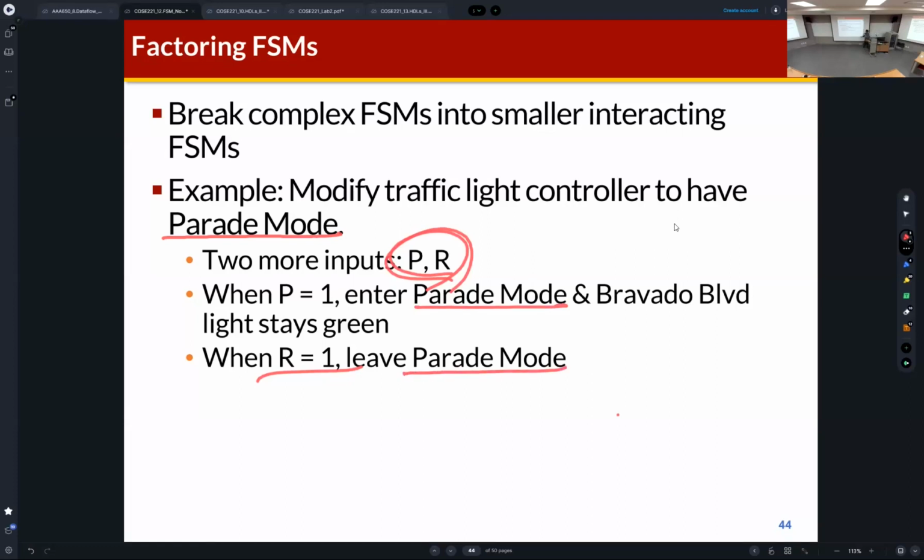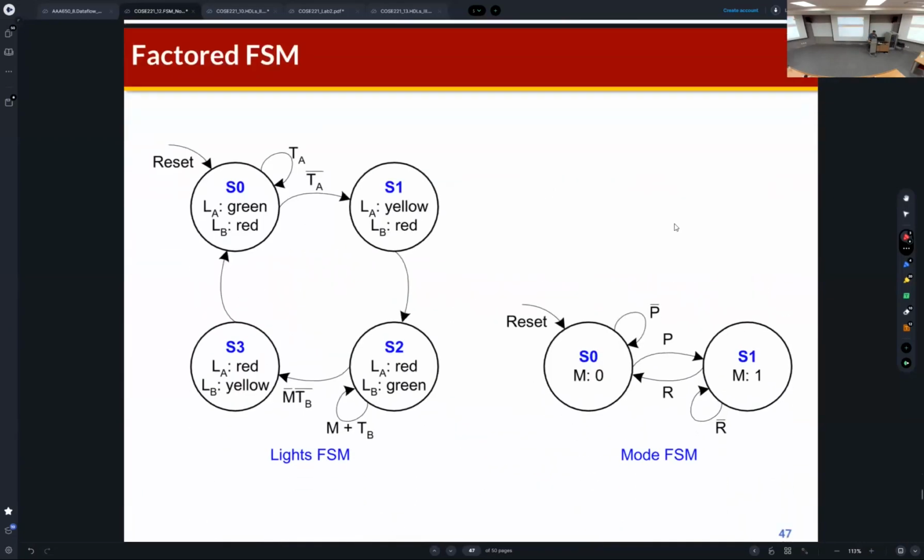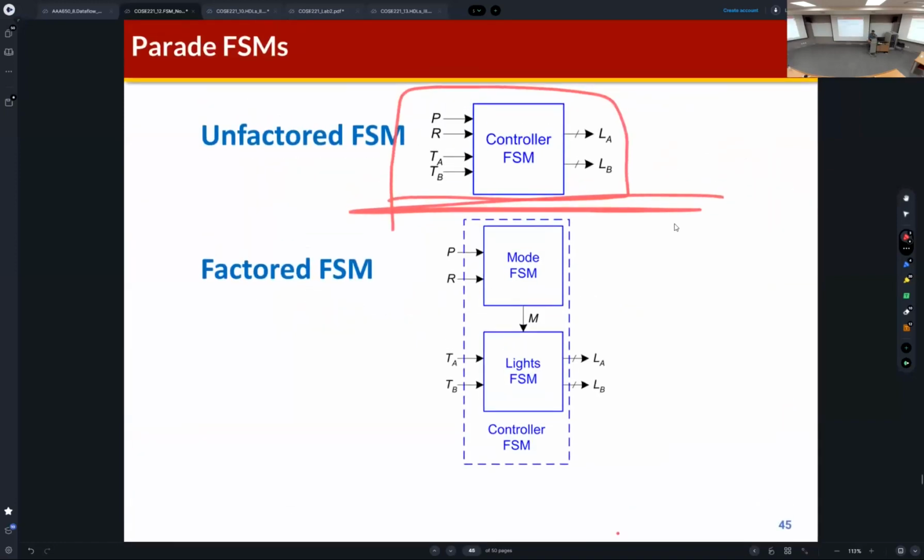So it means we can just define the operation mode of the traffic sign based on the P and R inputs. So we can divide the FSM like this. The first FSM is the mode FSM, which determines the operation mode, and then the mode is given to the light FSM.